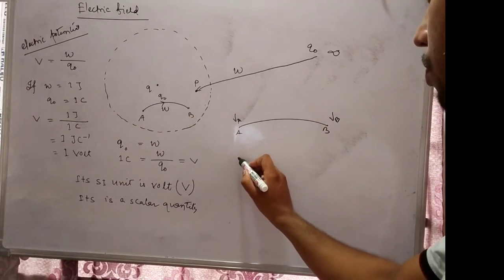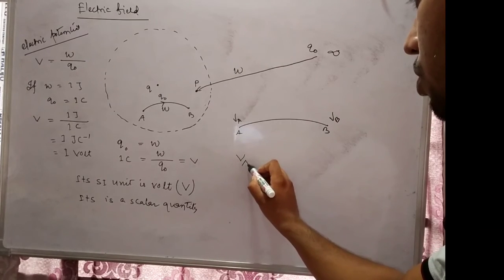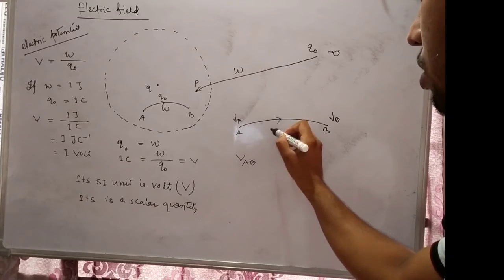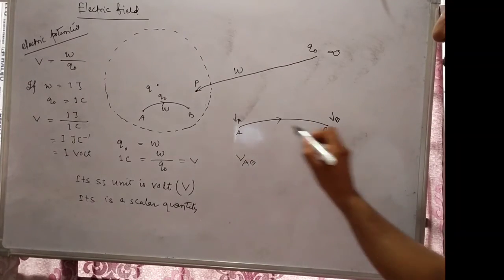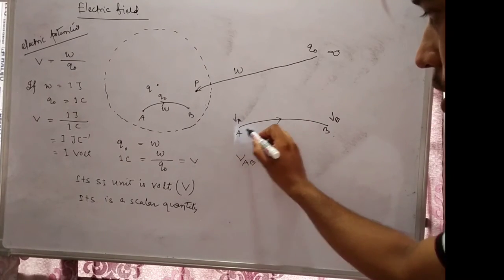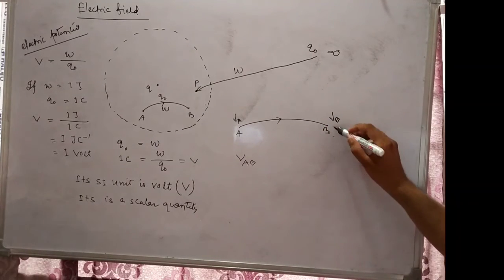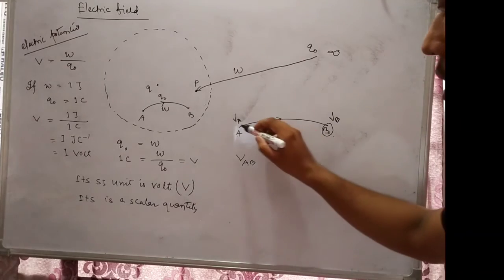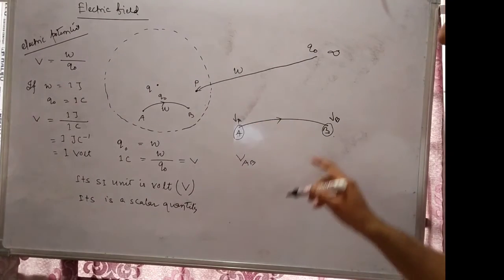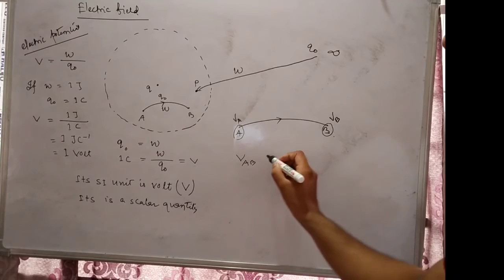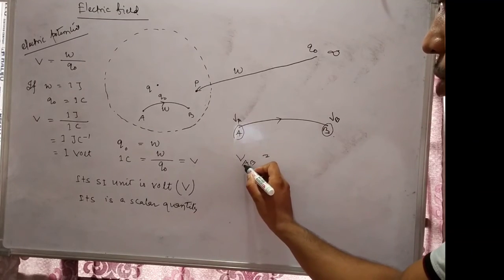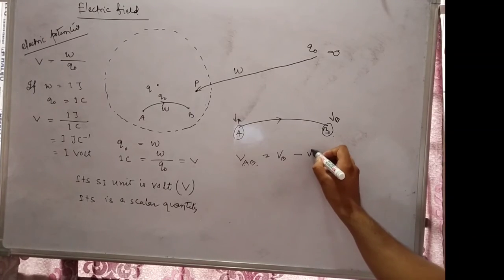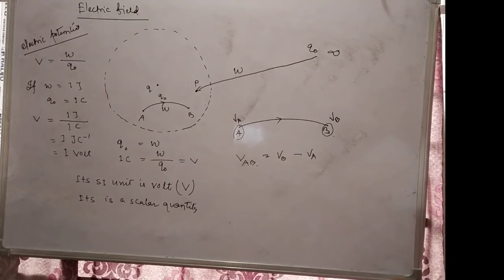Now if we need to find the electric potential difference between the points A and B, and we move the source from A to B, then B will be our final position and A is the initial position. In this case the electric potential difference between A and B is equal to the electric potential at B minus the electric potential at A.